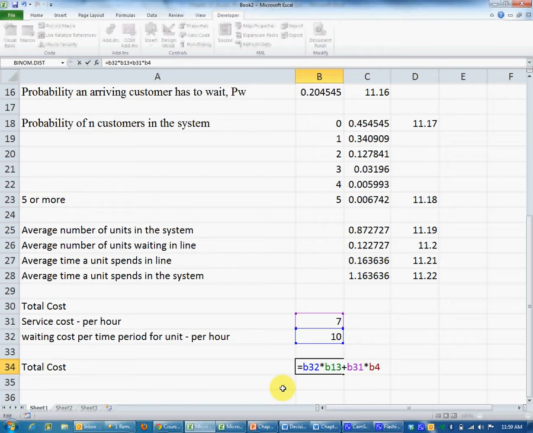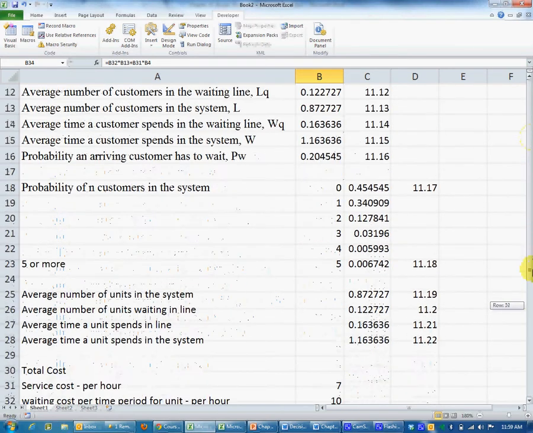All right. So the total cost is 22.72. That's it. That's that whole monsters problem.